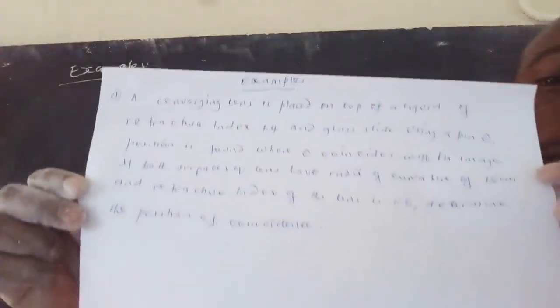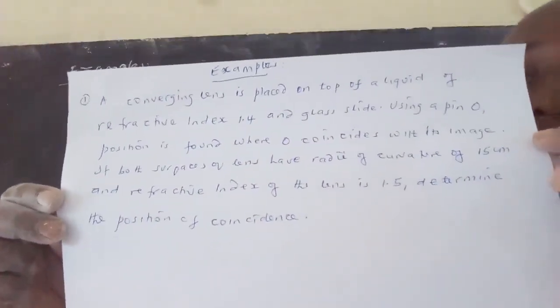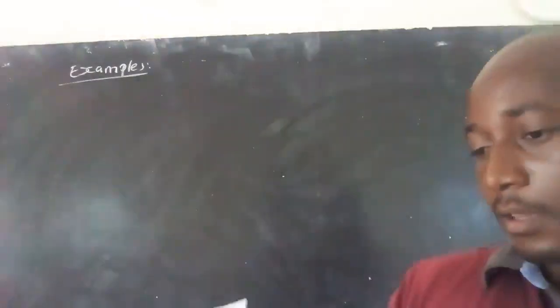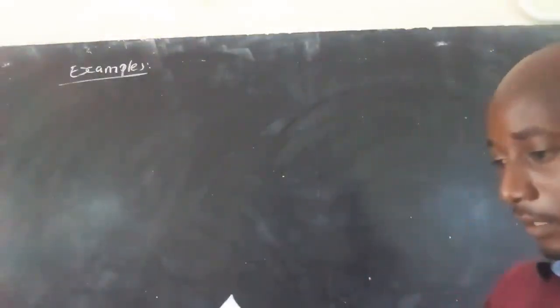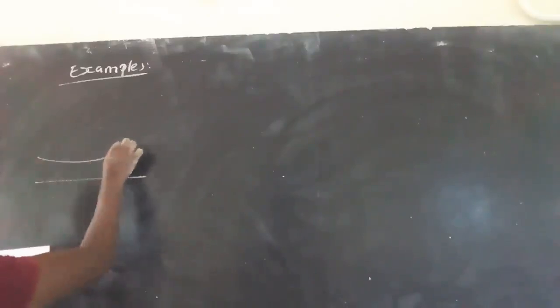Okay. So what does the example say? A converging lens is pressed on top of a liquid. So the liquid is here, and the converging lens is here.